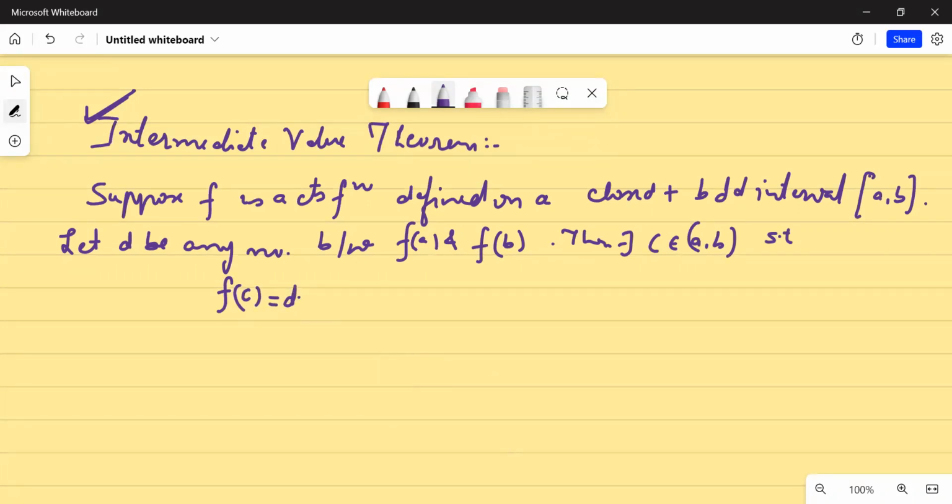One of the important things was that if your function is continuous and changes sign from some point to another, let's say from negative to positive, there is at least one root guaranteed. Remember, at least one root is guaranteed.